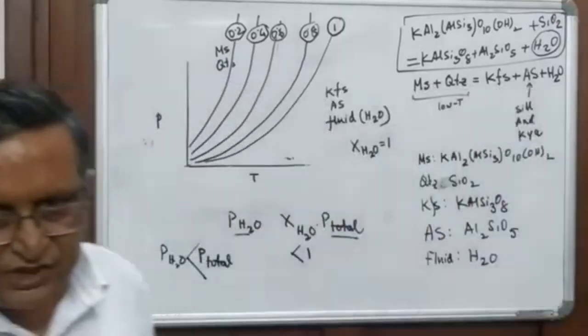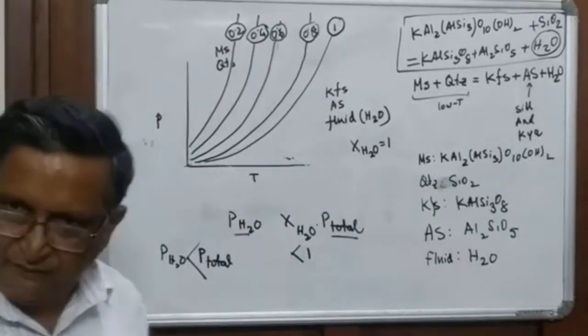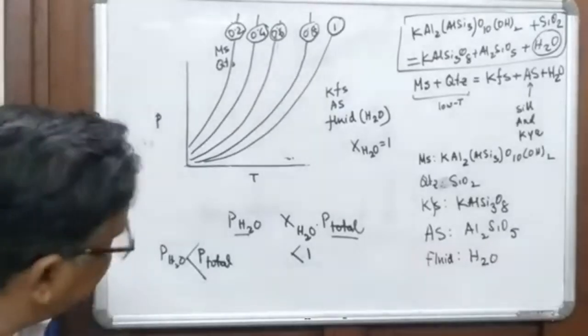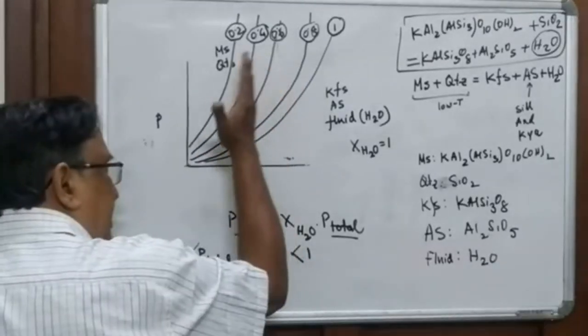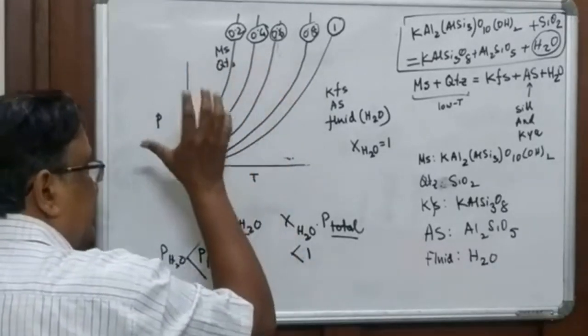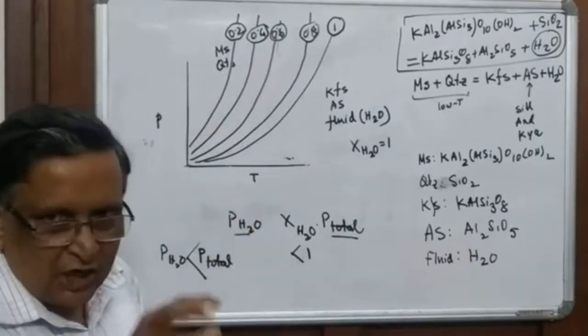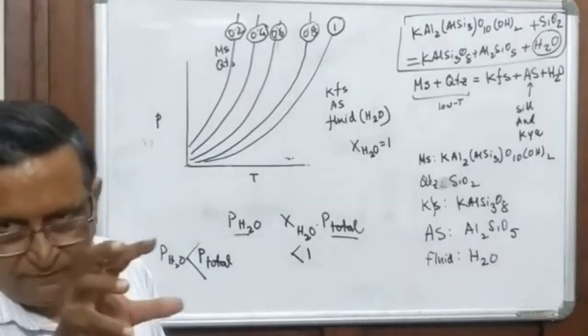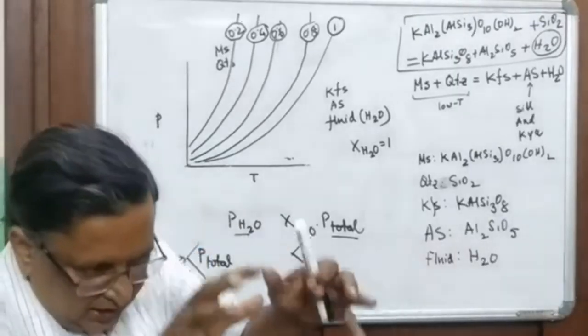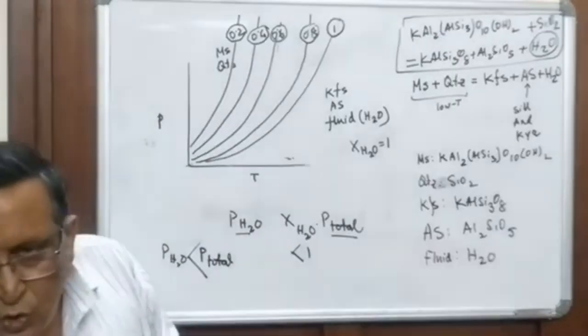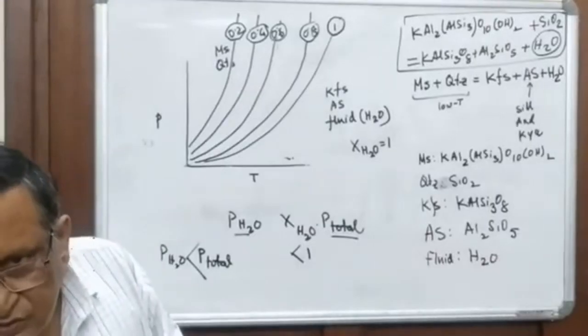Have you understood? This is a truth for all metamorphic reactions: if you reduce XH2O, then the stability field of the low pressure, low temperature assemblage shrinks to lower pressure and temperature.